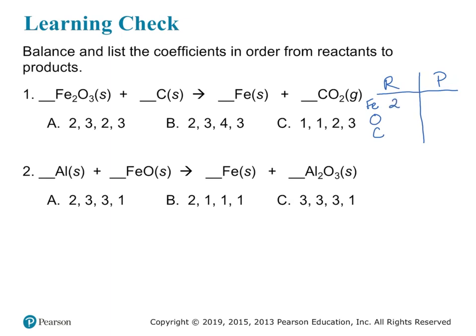On the right-hand side, I only have 1. For oxygen, on the left-hand side, I have 3. On the right-hand side, I only have 2. And then for carbon, on the left-hand side, there's 1. And on the right-hand side, there's 1. Okay, so far only carbon is balanced, but iron and oxygen are not, so they are unbalanced.